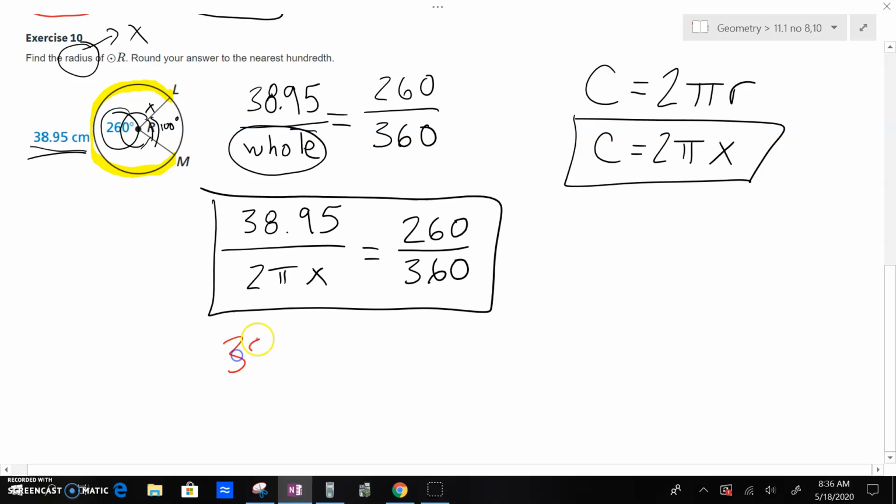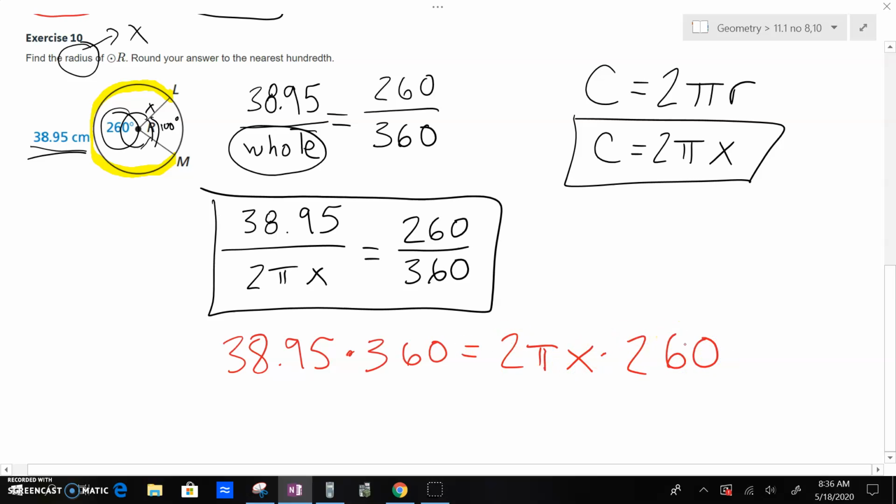So I'm going to do 38.95 times 360 equals 2 pi x times 260. And I think a lot of the reason this homework gives people challenges is because you are dealing with fractions. I think the bigger challenge is not the geometry content, but having to fight through how do I deal with these fractions, what goes where, how do I solve for it. Those are all algebra questions, and they're good ones, but they are algebra questions.